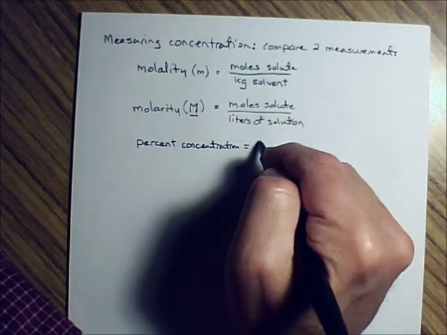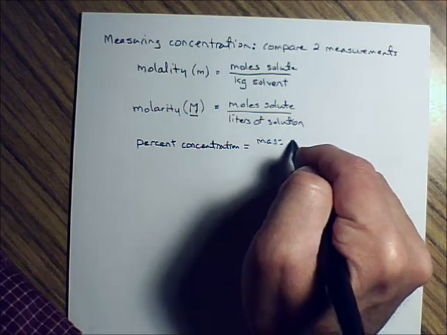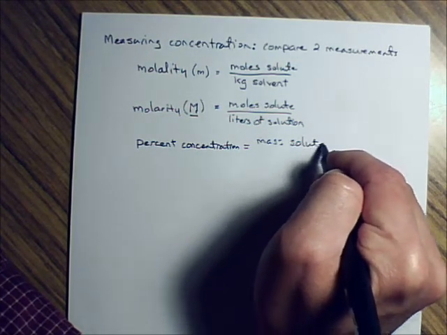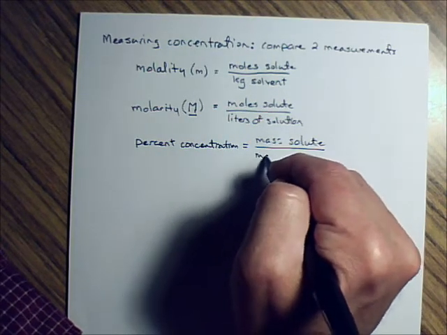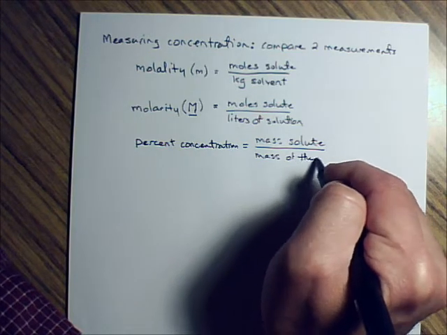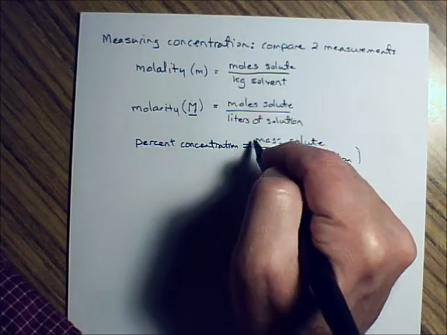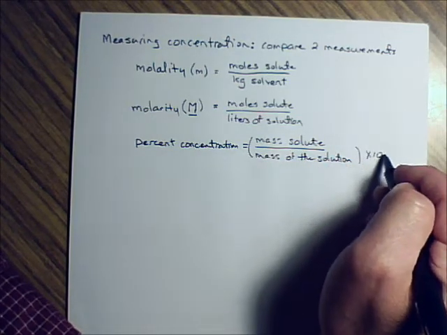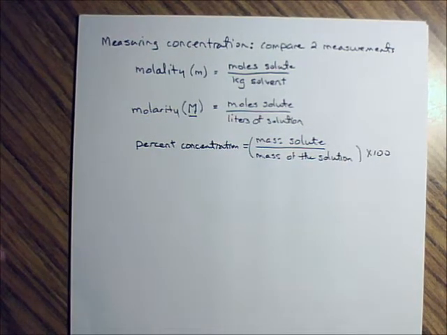And what goes on the top of that is the mass of the solute over the mass of the solution. And since it's a percent, we're going to multiply that by 100. Okay? Mass of solute over mass of solution times 100.